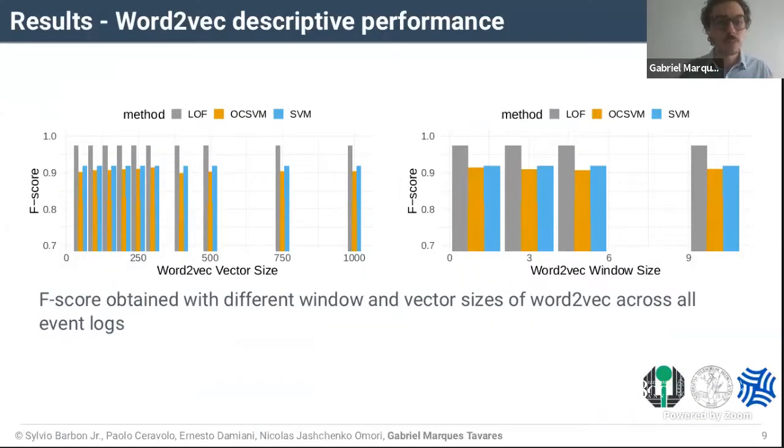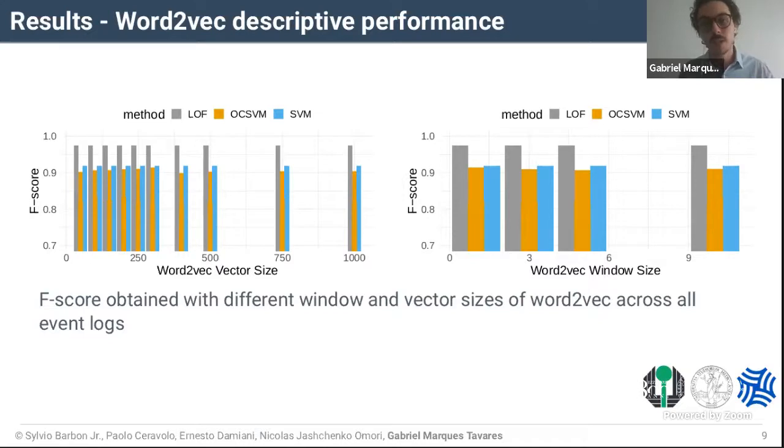Now diving into our results, first we'll evaluate the word2vec descriptive performance. On the left-hand side, you can see the variance of the word2vec vector size, and on the right-hand side, you can see the word2vec variance on the window size, from the values I have shown you before. We can see very stable results across these different variations of vector and window sizes.